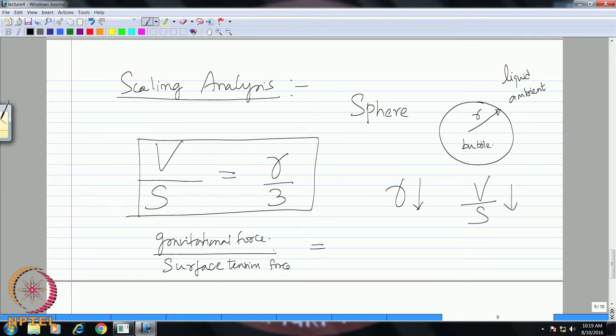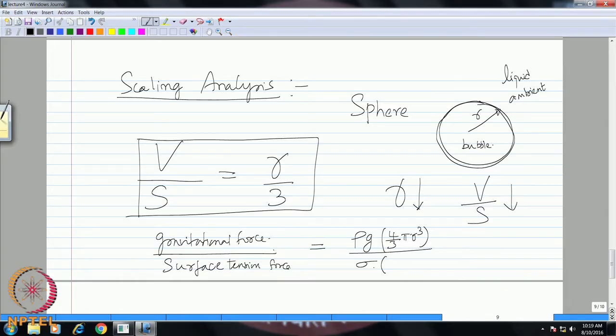So, how do you calculate the gravitational force? You have rho times gravitational acceleration times the volume of the sphere, so you have 4 by 3 pi r cube, divided by, what about the surface tension force? The surface tension is acting along this perimeter. The surface tension is defined in terms of Newton per meter, so you are not looking at the surface area.